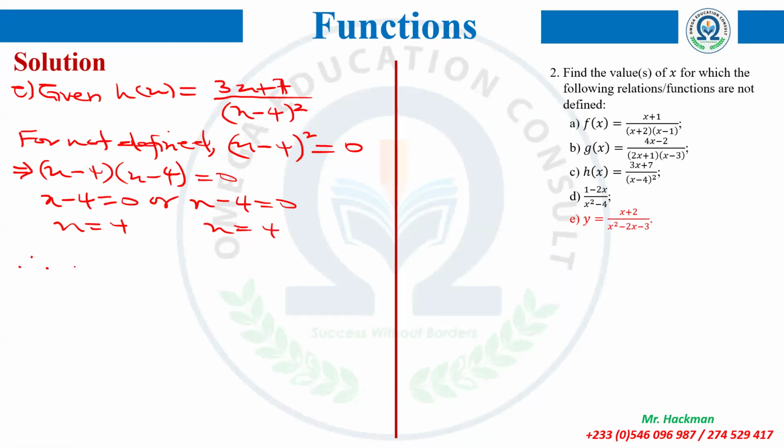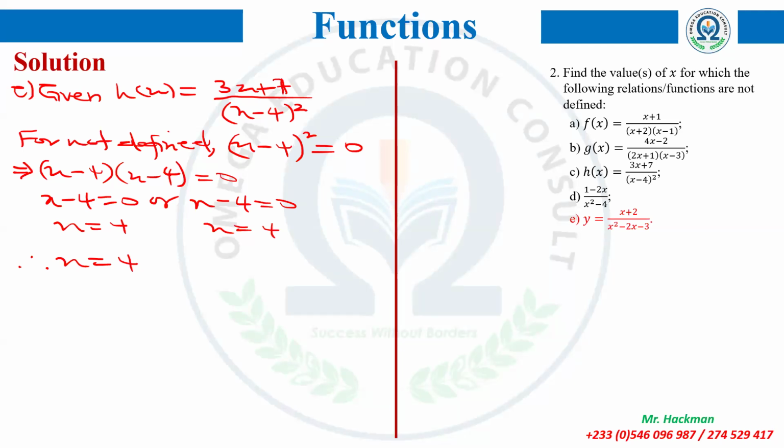So you just write, therefore, x is equal to 4. Obviously, it will not make sense to write x is equal to 4 or 4. Am I right? So you discard one. When you solve and you have two identical solutions, you discard one. Or if you have 3 identical solutions, you write only one and discard 2, by extension.